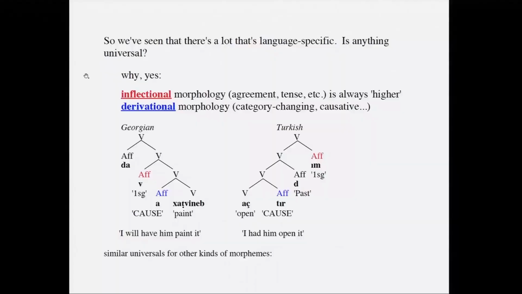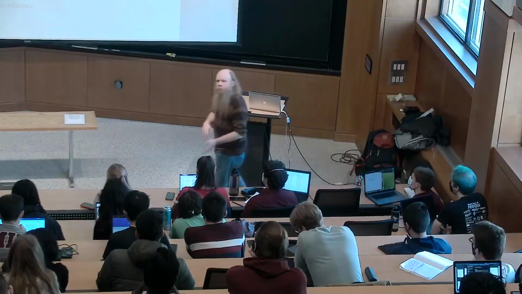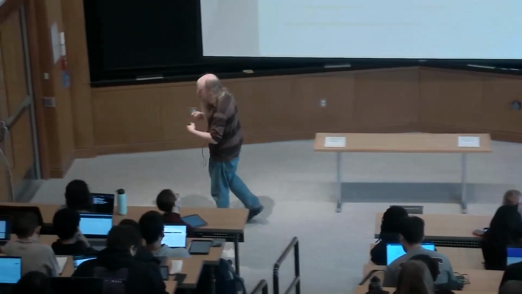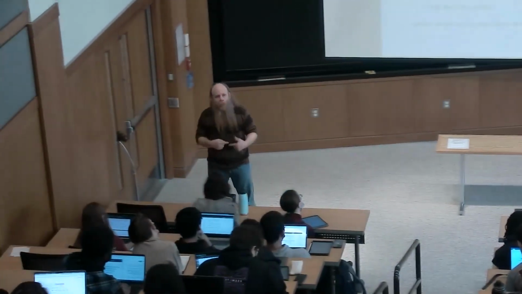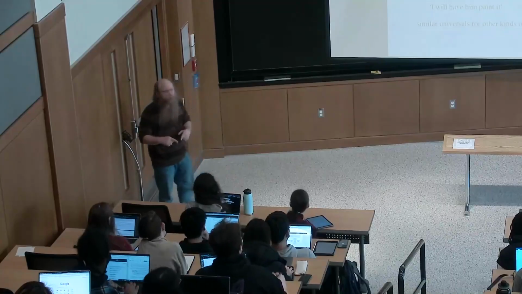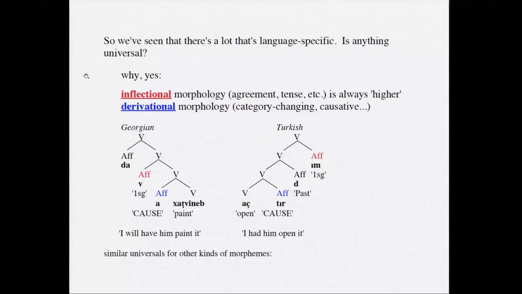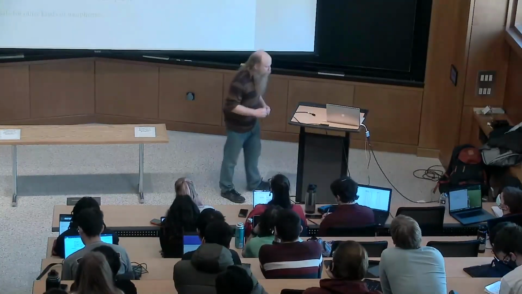So what's sometimes called derivational morphology, which includes all the morphology we were talking about that converts things from nouns into verbs or from verbs into adjectives, and also things like causative that change the number of participants in a verb, by adding someone who is causing a verb to happen, that type of morphology tends to be merged earlier than what's sometimes called inflectional morphology, the kind of morphology that indicates things like who's doing what to whom and when. That's a moderately reliable fact.